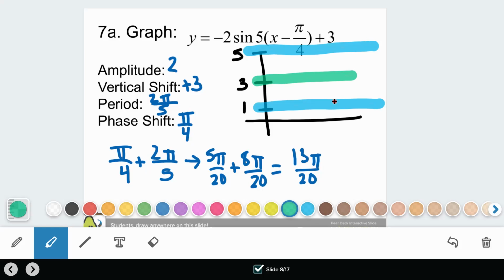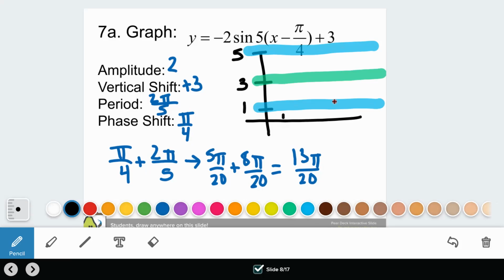Here at 3 will be my zeros. Now, scaling my x-axis, we're going to be starting at pi fourths. I'm going to go 1, 2, 3, 4, 5. And we're going to be ending at 13 pi 20ths.